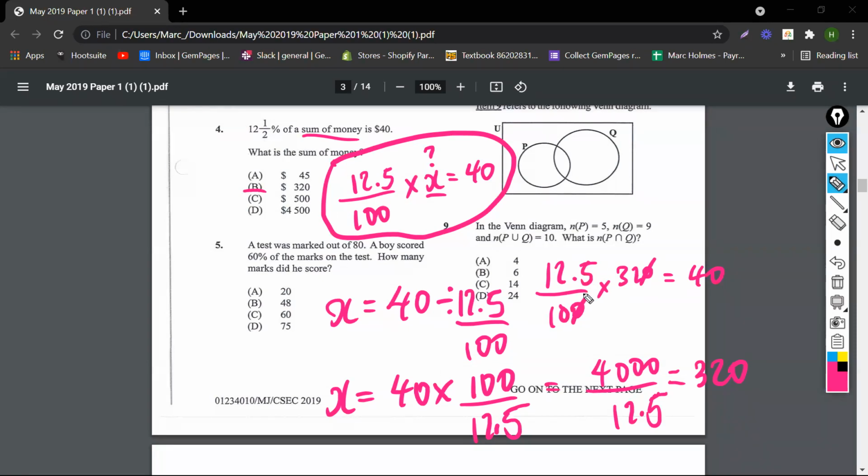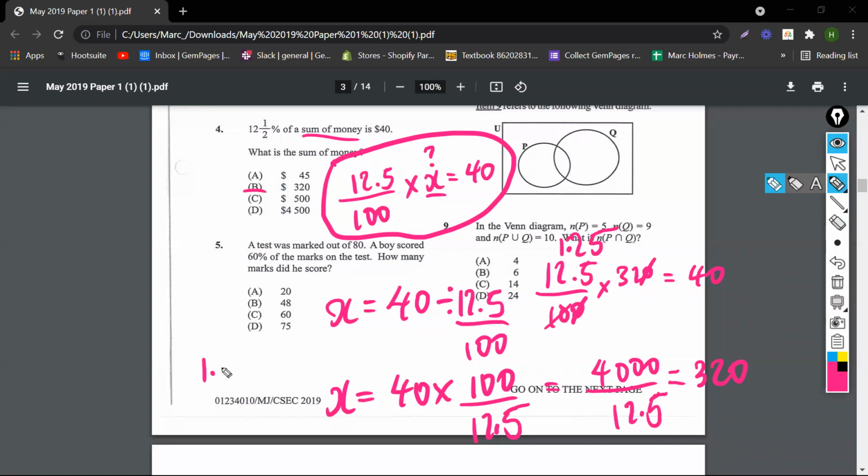And then 32 times 12.5. Maybe that's something we should do. Well, no. We can cancel a 10 into this 12.5 to get 1.25.